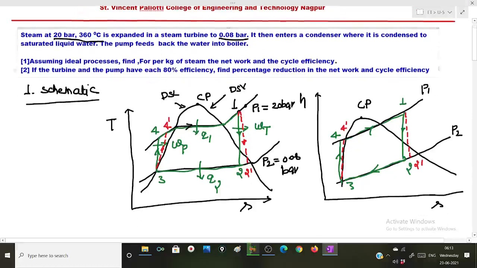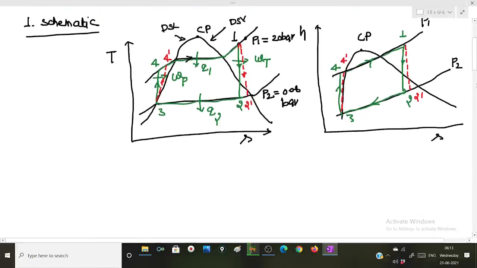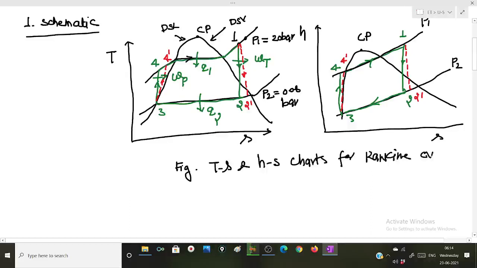So this way I can represent the ideal and actual Rankine processes on temperature entropy and enthalpy entropy diagram. The title of this figure will be TS and HS charts for Rankine cycle.